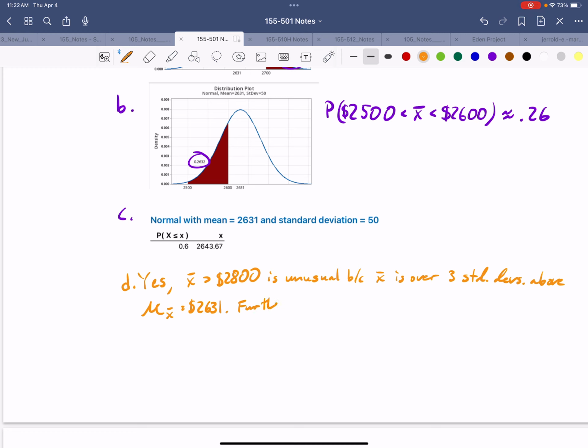Further, since the sample size is greater than or equal to 30, we know that the sampling distribution is approximately normal.